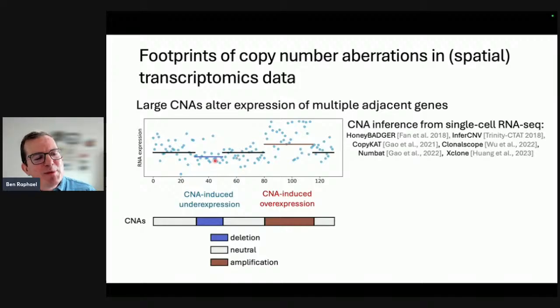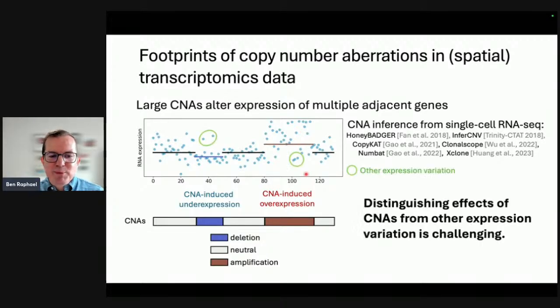And we can do this because if there's a deletion of a part of a chromosome, then the genes in that deleted region tend to be underexpressed. Or if there's an amplification, the genes in that region tend to be overexpressed. However, it's really, really complicated to actually reliably get these copy number aberrations from all the other variation in gene expression data. So you need to do this in a very subtle way, and there are methods that have done this.